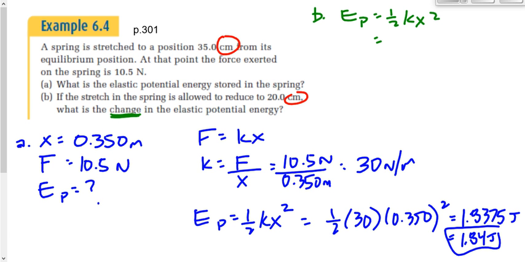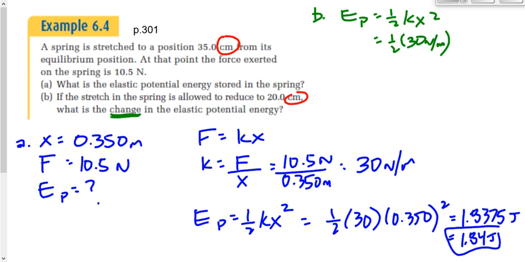It's the same spring, right? It's the same spring, so it's going to be the same value of k. Now, some of you might be thinking, well, wait a second, that doesn't make sense. If I had a force of 10.5 newtons before on 35 centimeters, now I've got it on 20 centimeters. No, you don't. The force is different now.